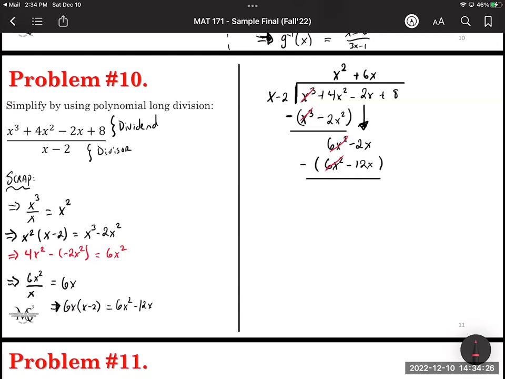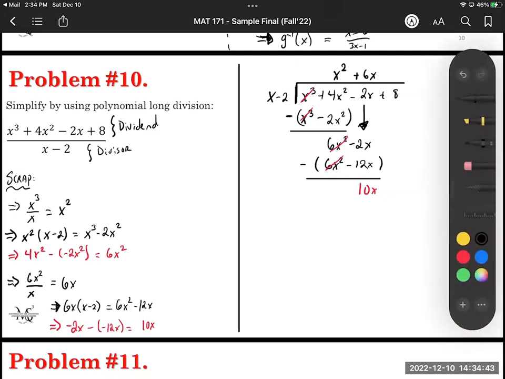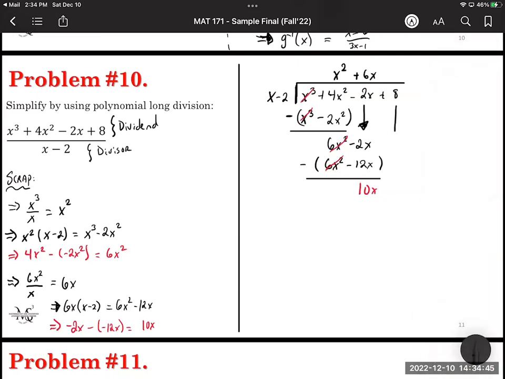Now we have negative 2x minus negative 12x, which is the same thing as negative 2x plus 12x, which is 10x. All right, so now you've got 10x and you bring down the 8.